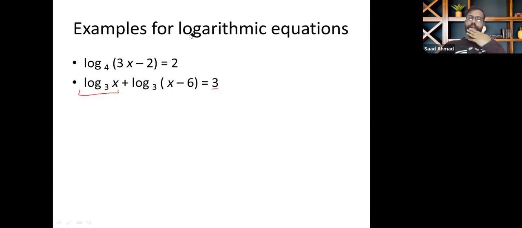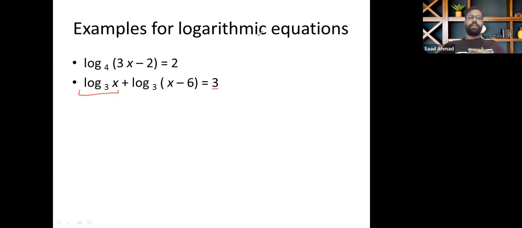Why will it not help? Because if I wrote everything in the power here, 3 to the power this and then 3 to the power this, it will not cancel out, because there are two different logs that are getting added. So it will not work.